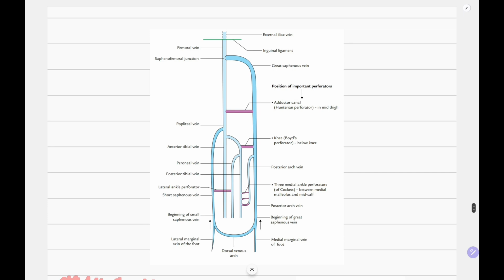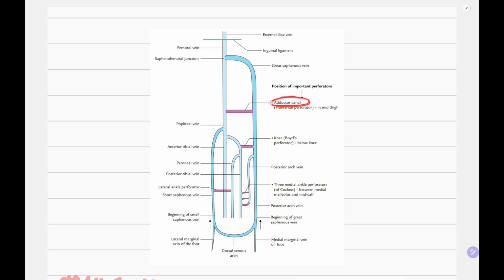Similarly, this is a schematic diagram of all those veins which we have covered right now. This is the great saphenous vein, and parallel to it continues our femoral vein. As I have told you before, remember the adductor canal.